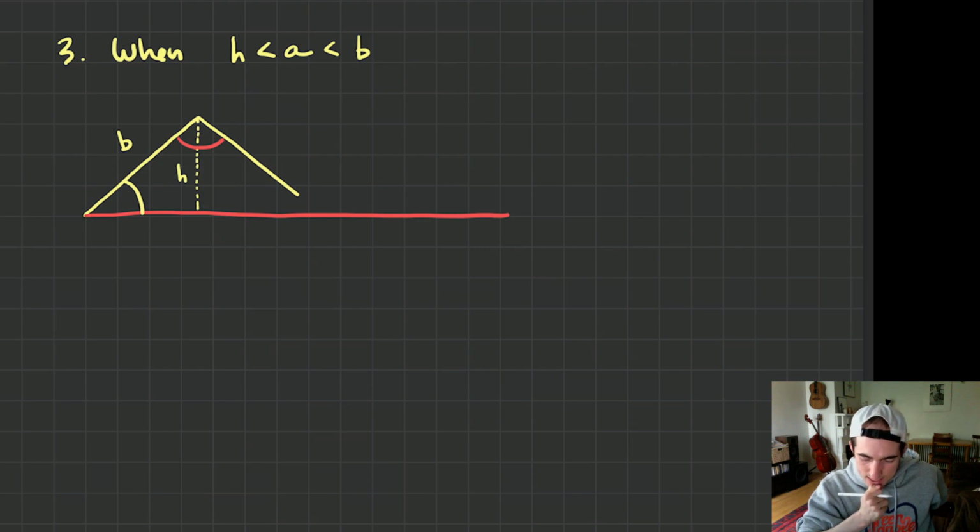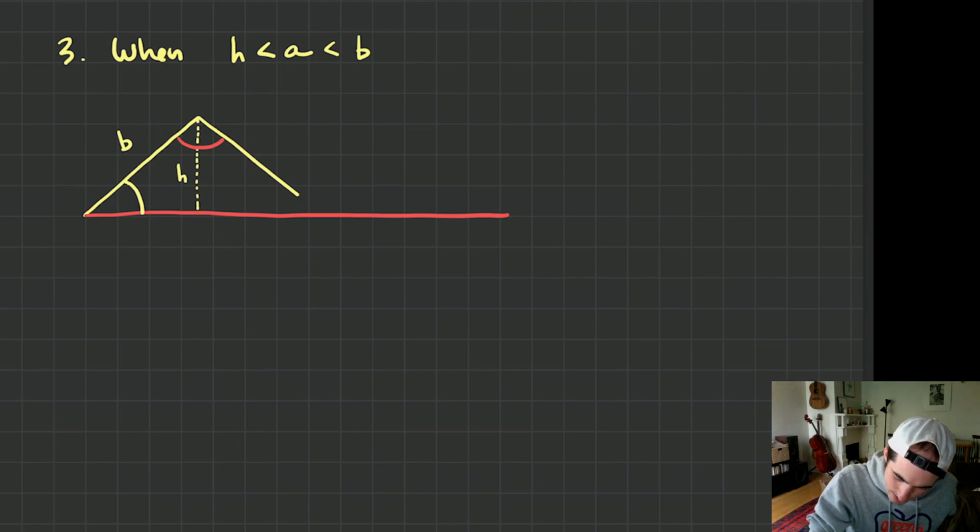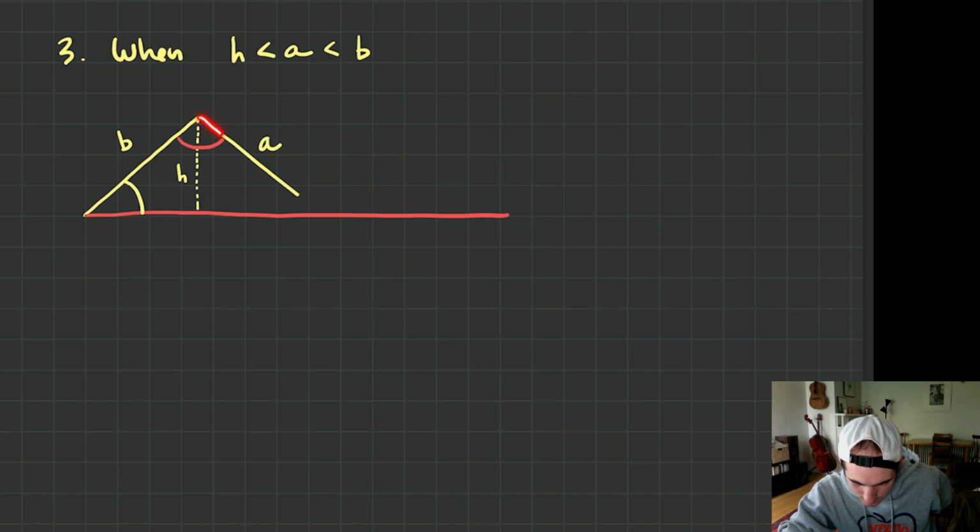Okay, well let's think about what the possibilities are here. So here's the side that I know, and this is the side A, right? So here's the thing. We don't know what the angle is. So the angle could be anything. Well, let's see what some of my possibilities are.